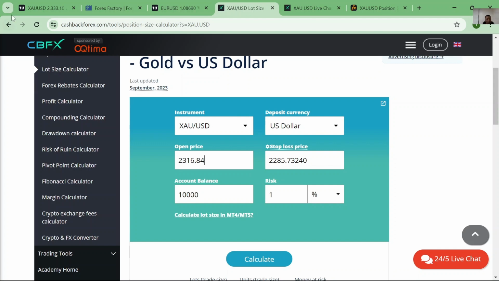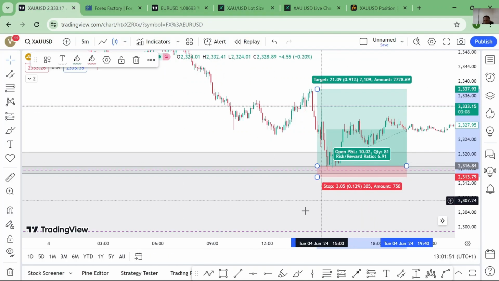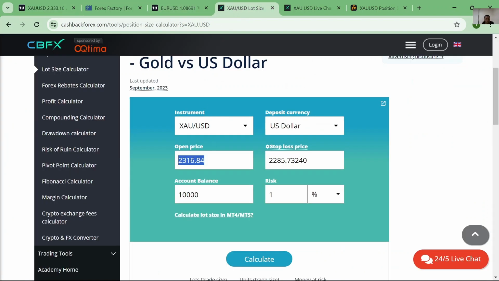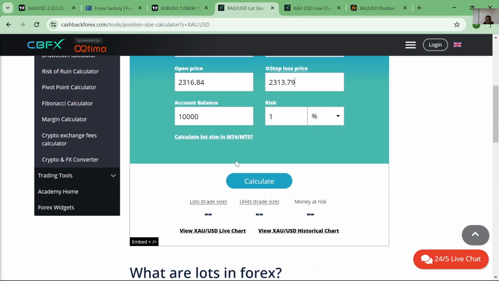And our stop is 2313.79. Then the balance is 10K, and the risk is 1% of the account. That's what we are risking.